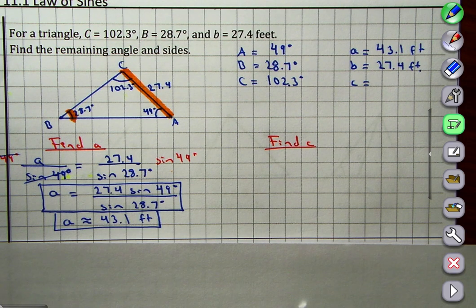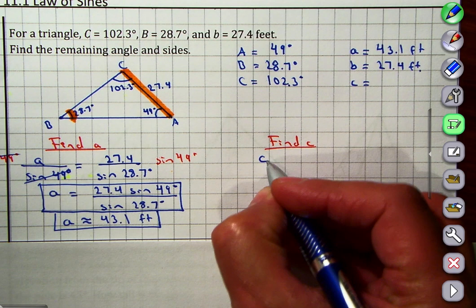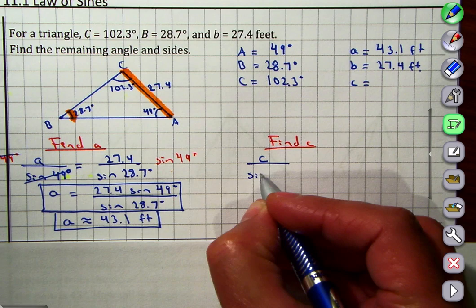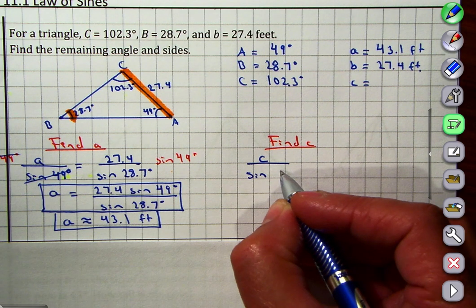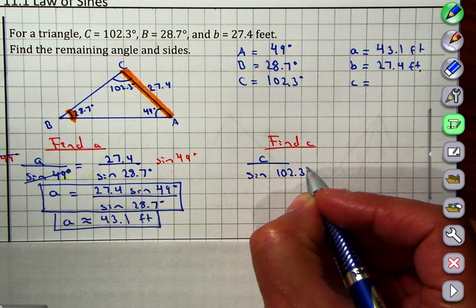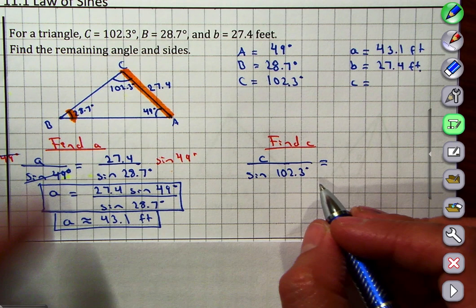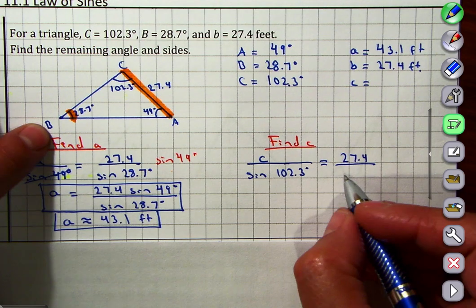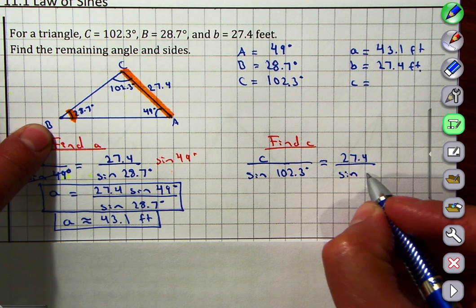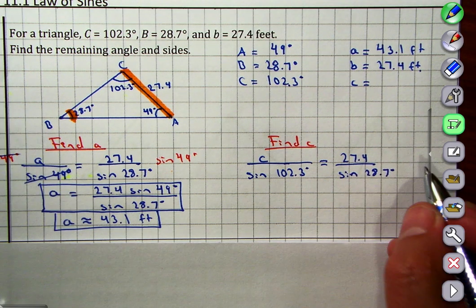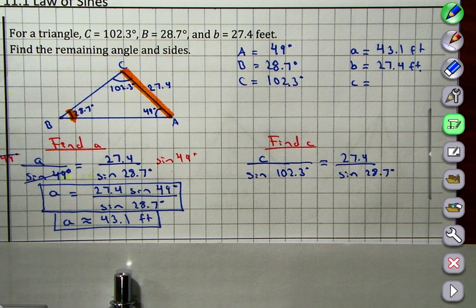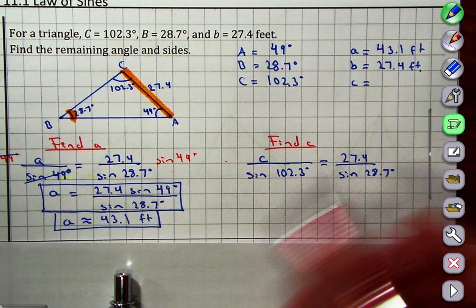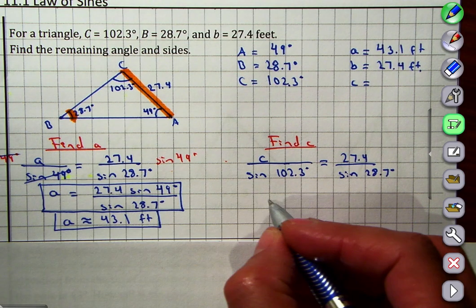Excellent. So at this point, you should have found C over the sine of C, which is 102.3 degrees. It's going to equal side B, 27.4, over the sine of angle B, which is 28.7 degrees. I'm going to go through the same process. I'm going to multiply both sides by the sine of 102.3.